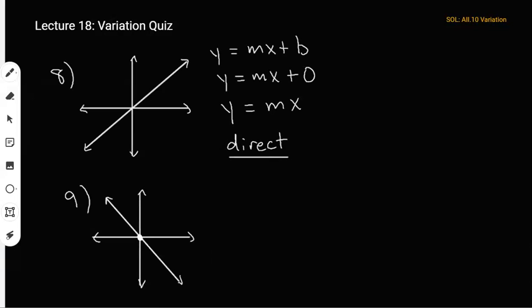So this is also going to be a direct variation. Okay, the last one is 10. This one is going to look completely different from the first 2. We've got a graph that looks like this.